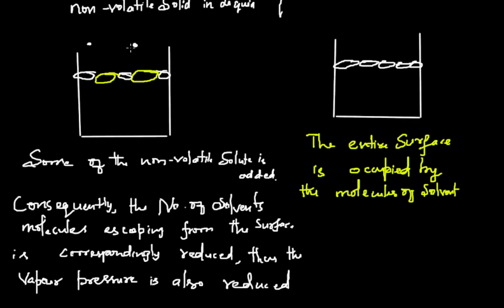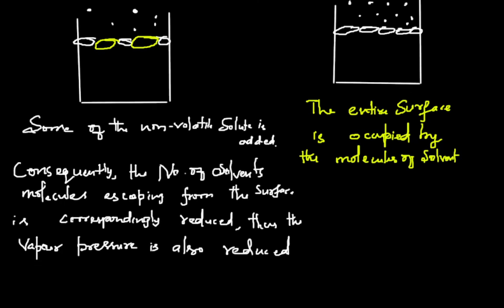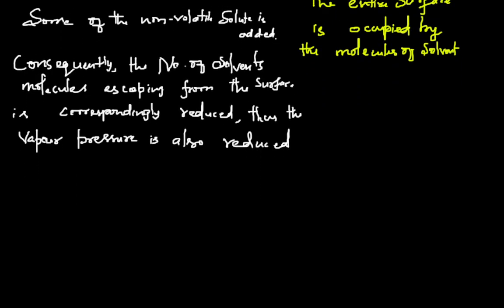Okay, so obviously, if there were about 10 molecules that would have escaped here, there are only about 5, 6 molecules. So obviously, because the number has been decreased, the pressure that they are going to exert on the surface of the solvent or liquid is decreased. So that is one of the reasons.